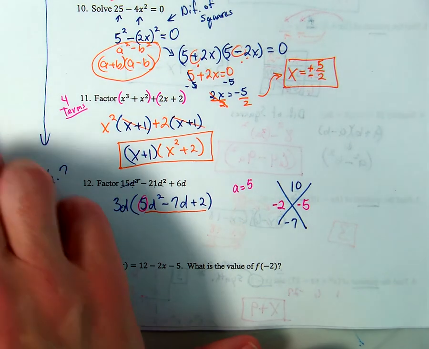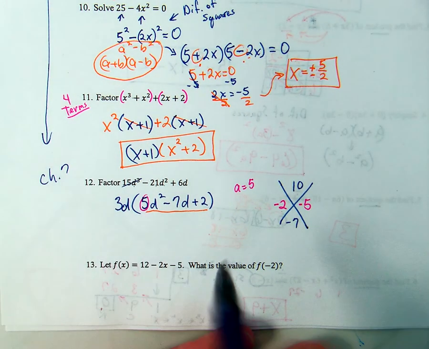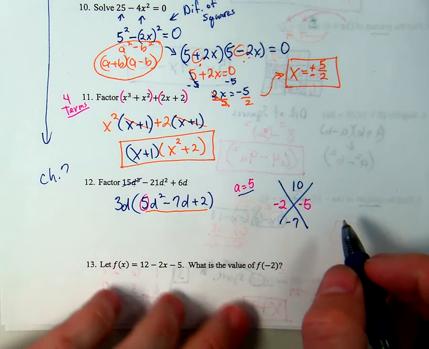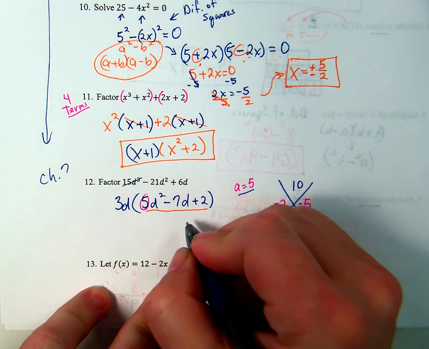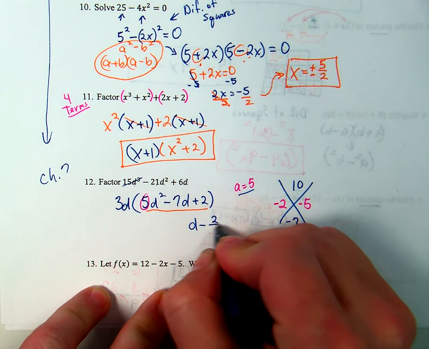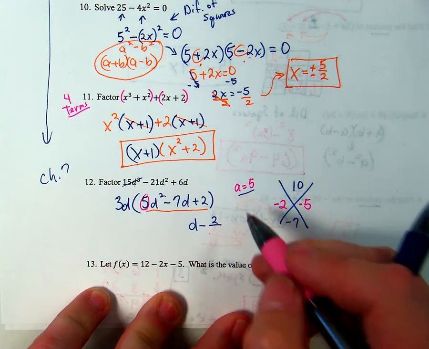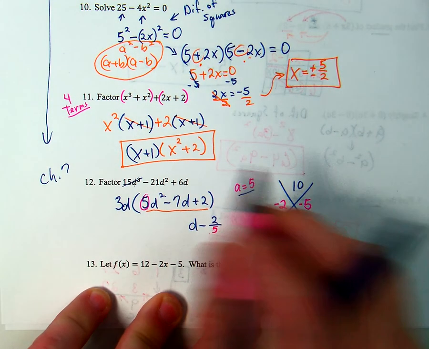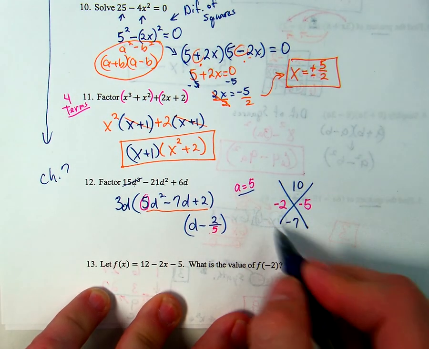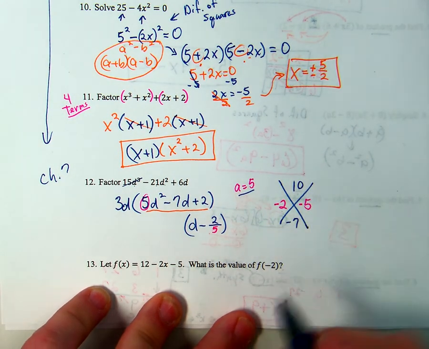Again, remembering that I have this 5 for the A term, I'm going to write this out now. I'm going to have D minus 2 over, and the A term is a 5. Okay? That's going to be the first part of this factoring over here that we're doing.